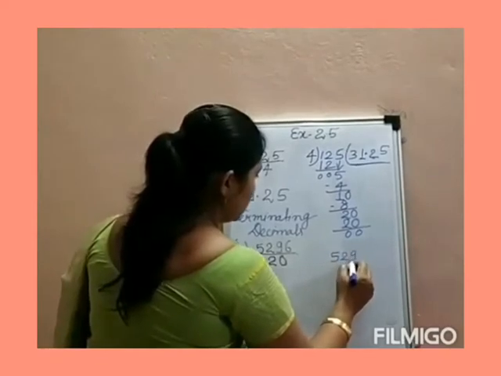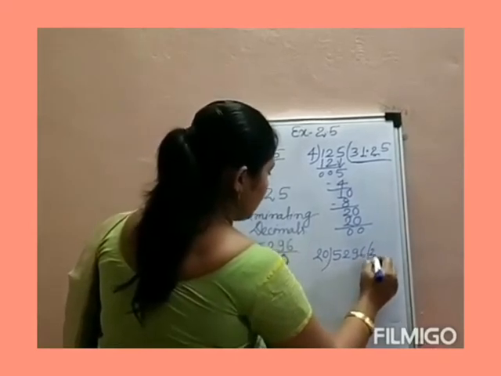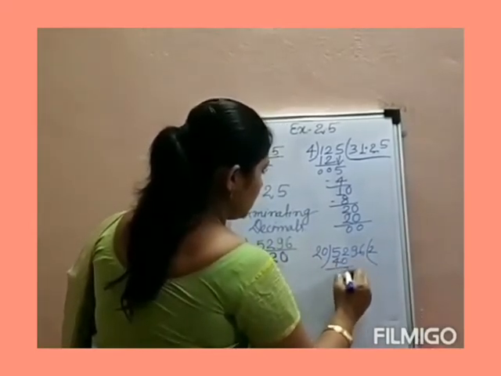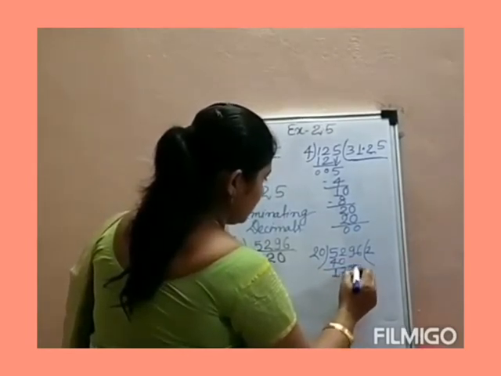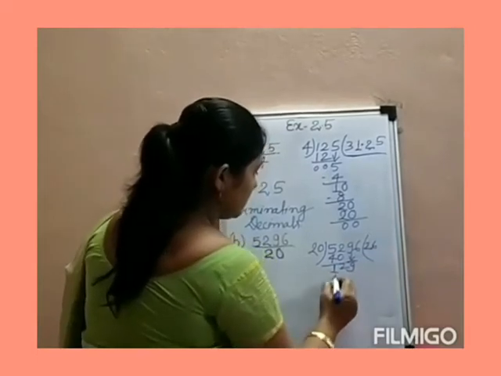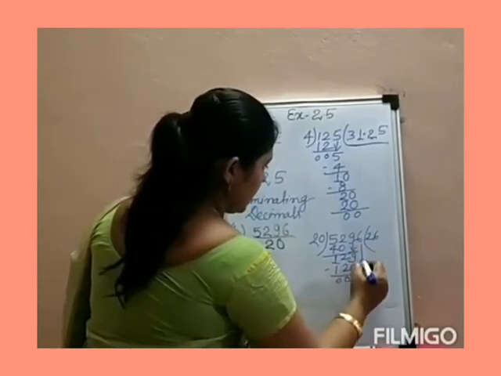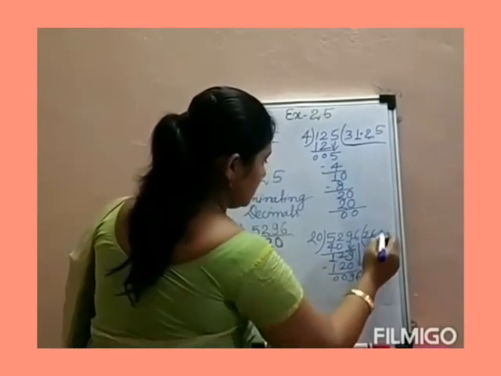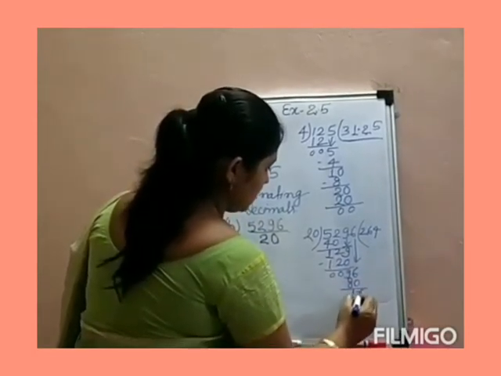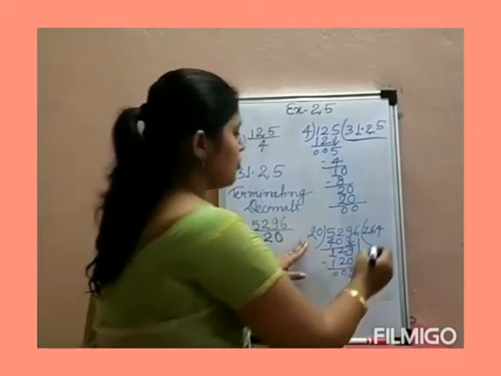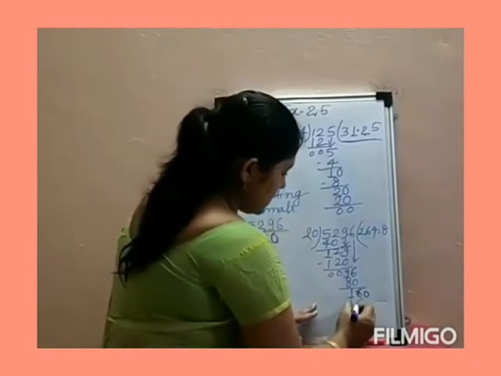5296 divided by 20. 2 1s are 2, 2 6s are 12, 9, and the last number is 6. 2 4s are 8, 6 and 1. 16 is not divisible by 20, so put a decimal here and 0. 2 8s are 16.